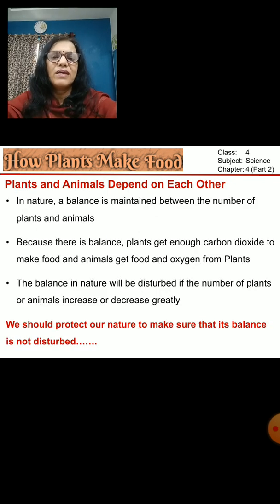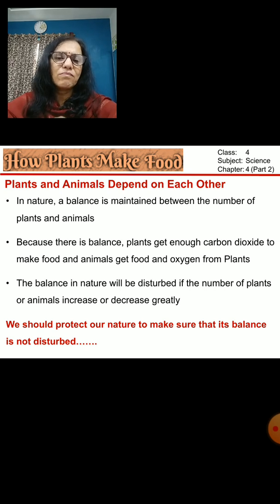Then, in nature, this is how a balance is maintained between the number of plants and animals. Because there is a balance, plants get enough carbon dioxide. They need the food, so the number of animals is there. When they exhale carbon dioxide, that is taken up by the plants, and in return, when plants make food in the process of photosynthesis, oxygen is given.